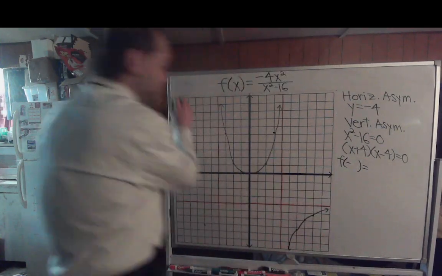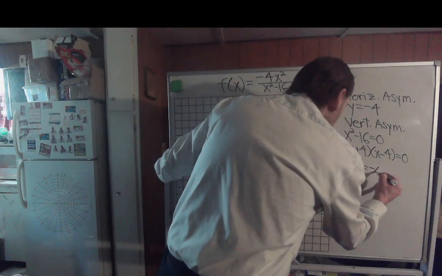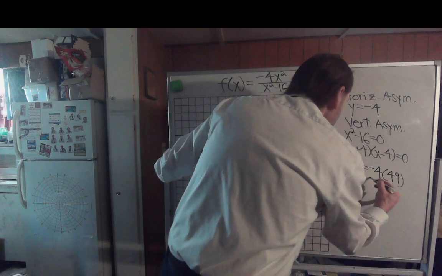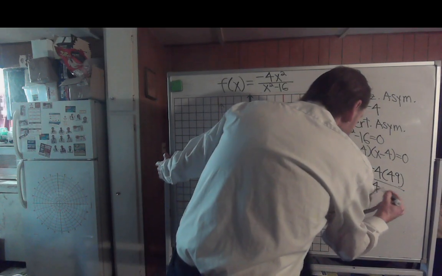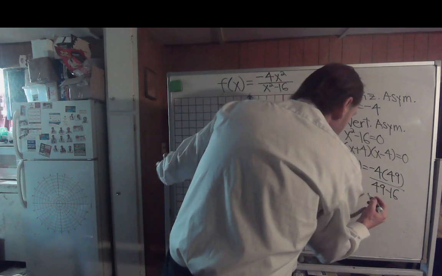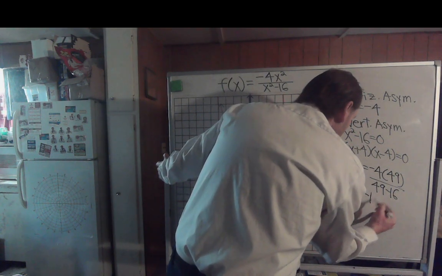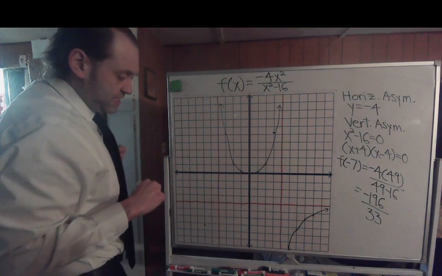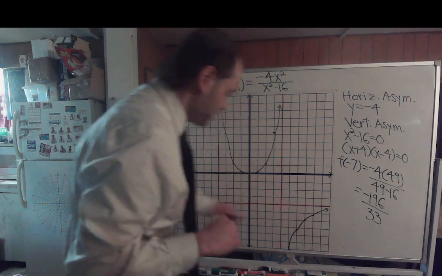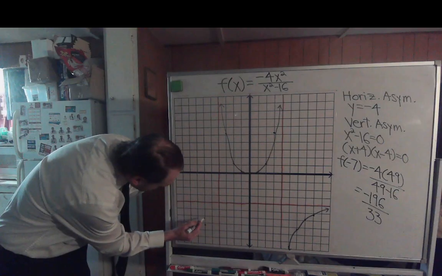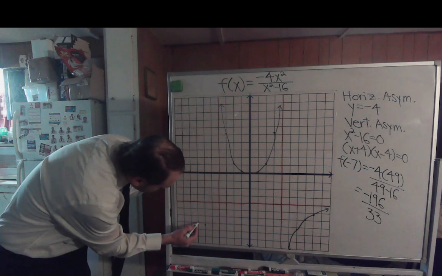Okay, now let's do f of -7. So f of -7, you're going to have -4 times 49 divided by 49 minus 16, which is going to equal, let's see, -196 divided by 33, which we said was about -5.93, so that's going to put you a little north of -6.